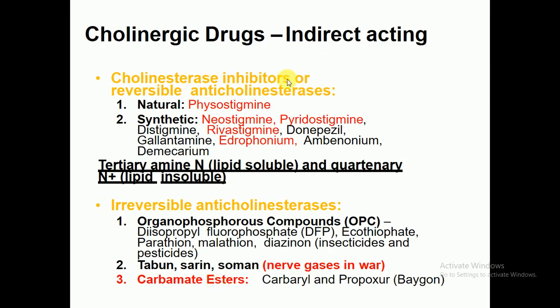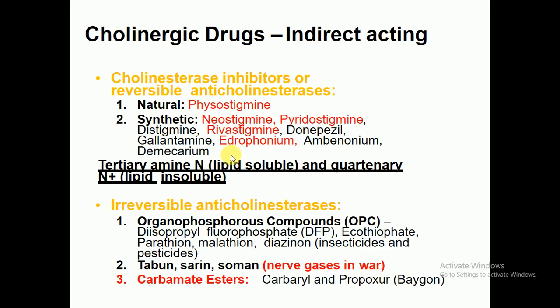Cholinergic drugs acting indirectly are cholinesterase inhibitors or anticholinesterases. The natural one, which I have already mentioned in my previous lectures, is physostigmine; the synthetic ones are neostigmine, pyridostigmine, distigmine, rivastigmine, and many more.